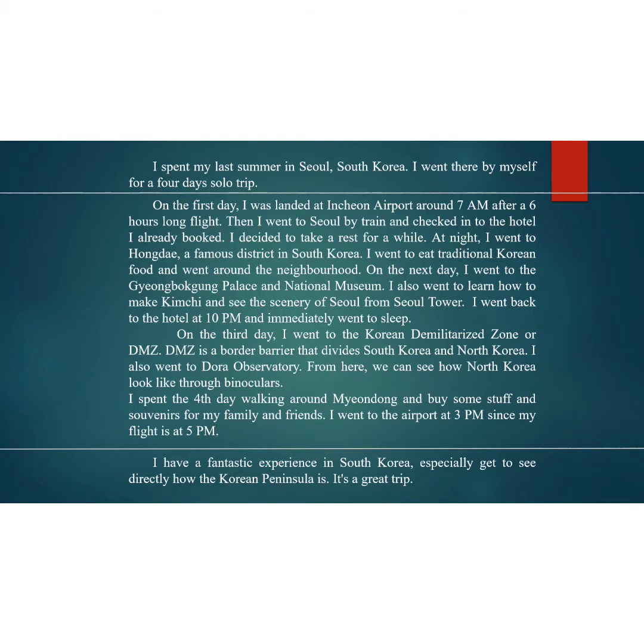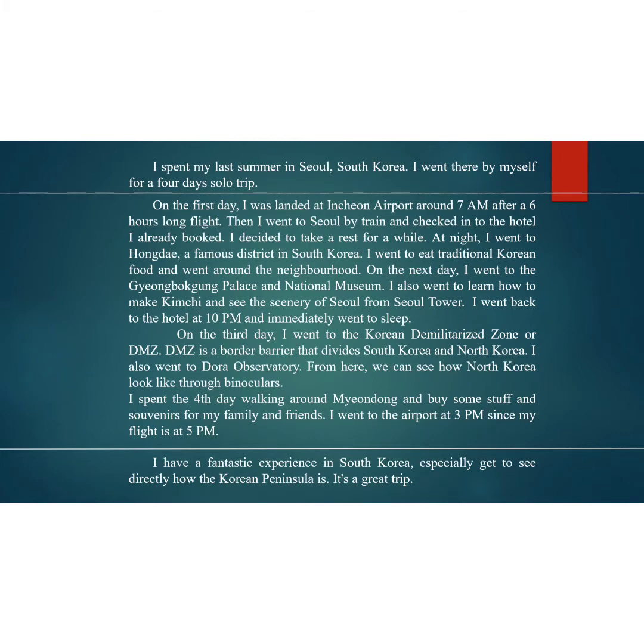Then I went to Seoul by train and checked into the hotel I had already booked. I decided to take a rest for a while. At night, I went to Hongdae, a famous district in South Korea. I went to eat traditional Korean food and went around the neighborhood.